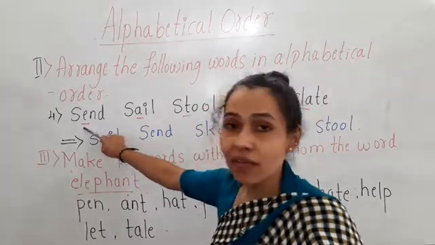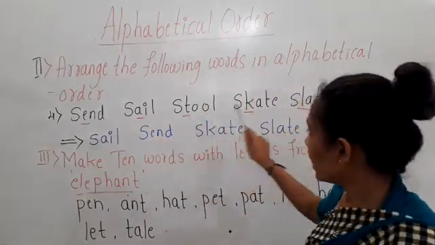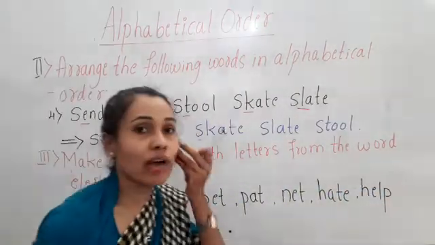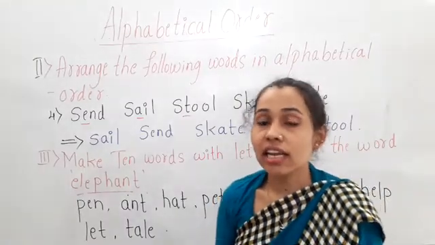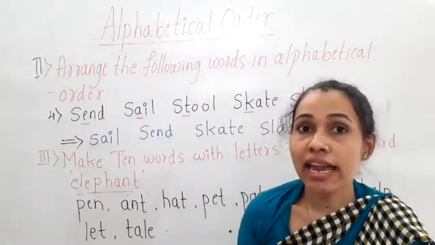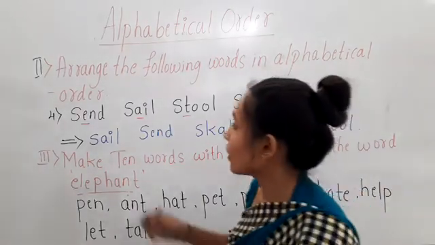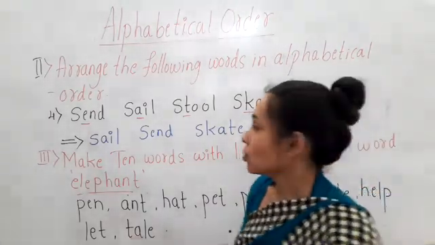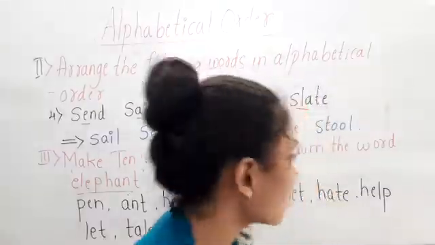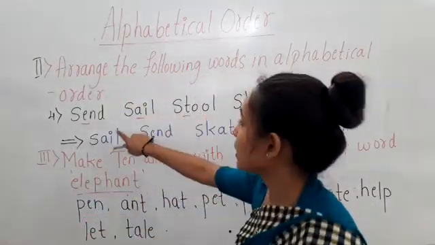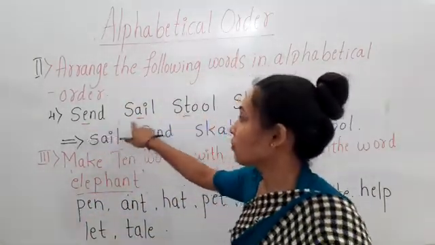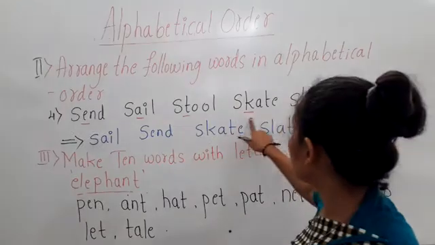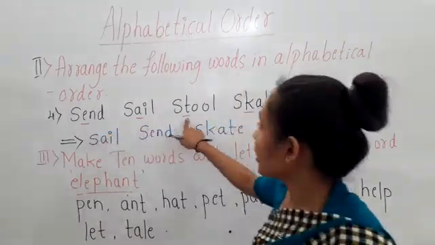So here we have E, A, T, K, L. While arranging, you have to arrange the words in alphabetical order according to the letters they begin with.